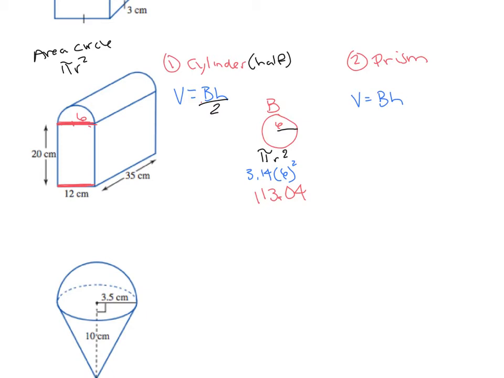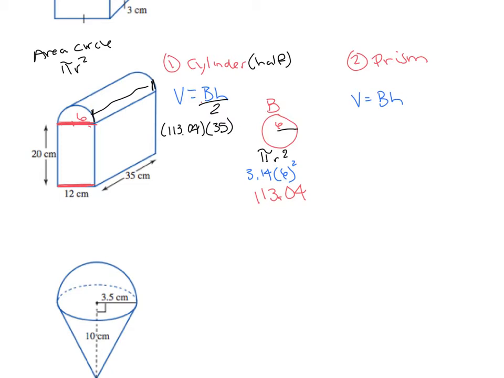So plugging this into our volume formula, we have B, which is 113.04, times the height of our cylinder. Now be careful here, because the height of our cylinder is from here to here, which is 35.